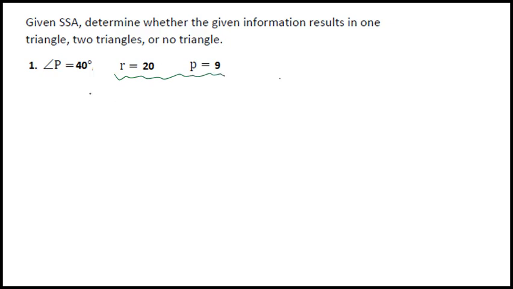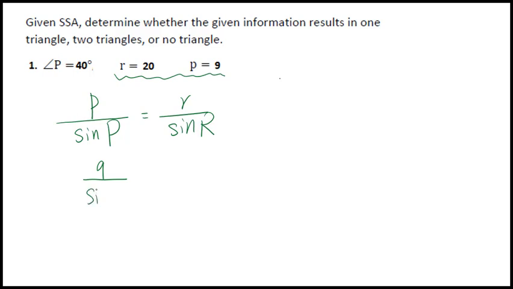We know for the sine law, we have p over sine P equals r over sine R. Then we can plug in these numbers. You have 9 over sine 40 degrees equals 20 over sine R.